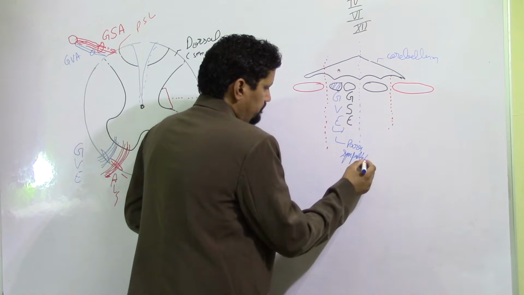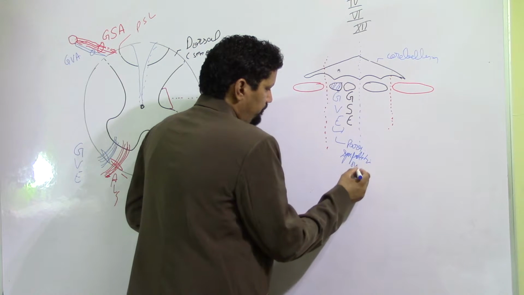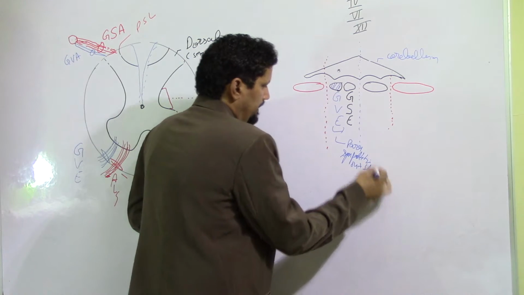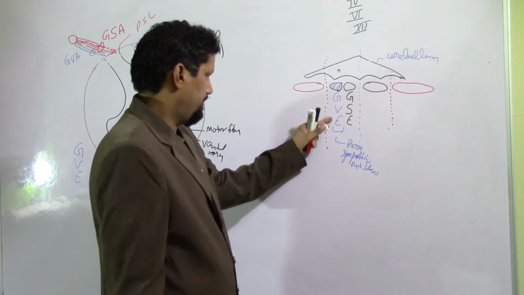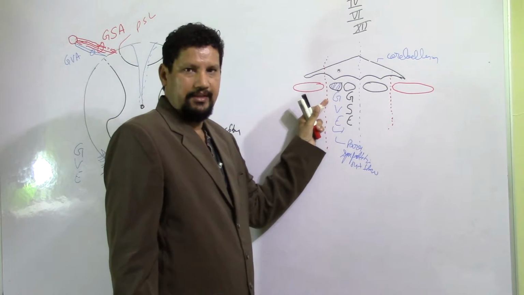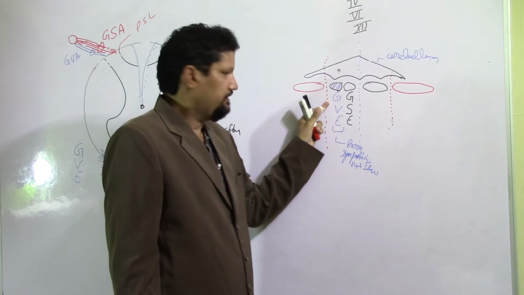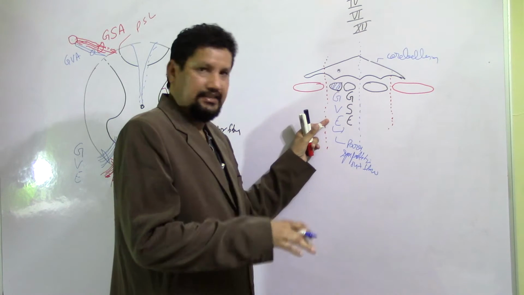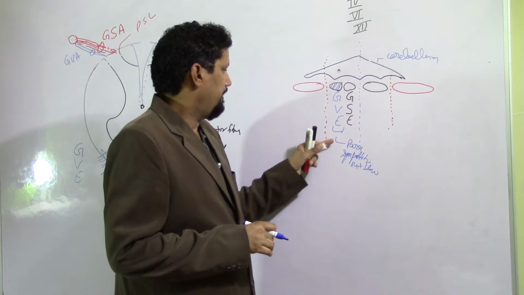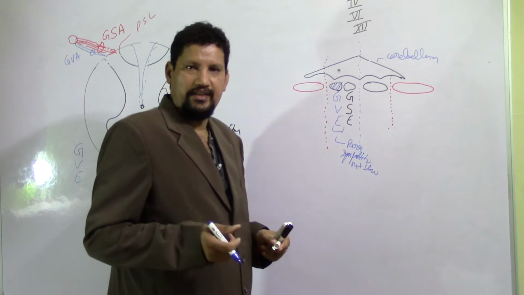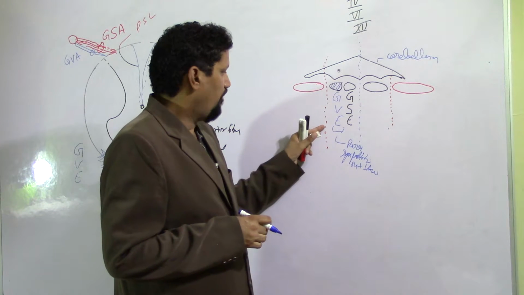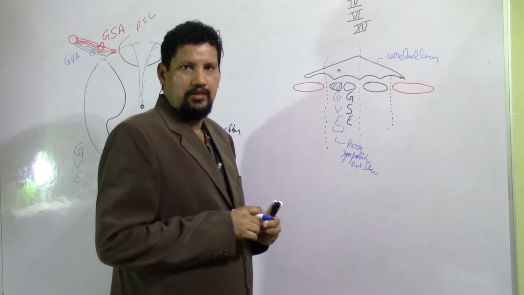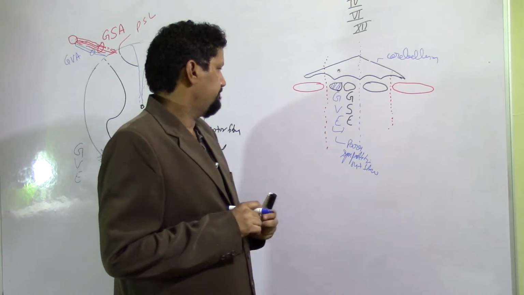As the name indicates, it is general sensation, visceral, supplying the viscera, and efferent, that is bringing the outflow toward the effector organs.